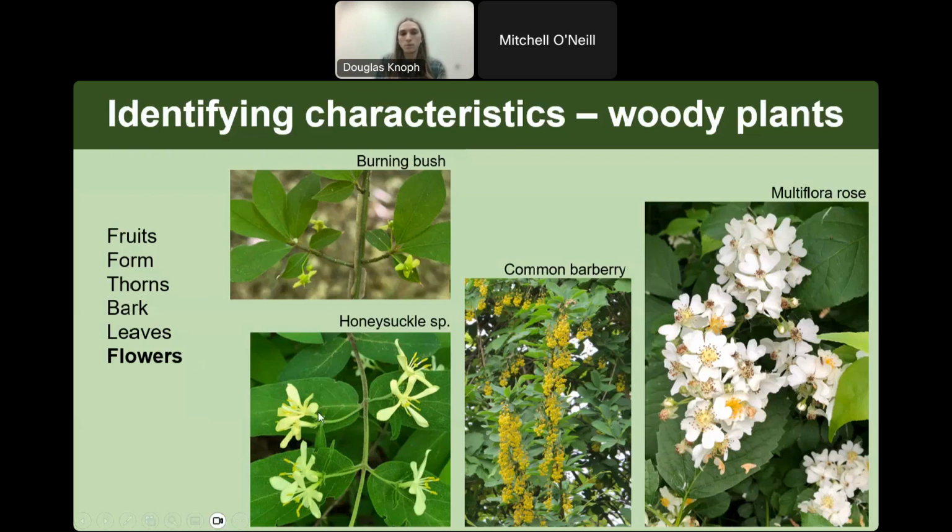There's 2 flowers per stem. They're kind of fused at the base there. The color, the overall shape and form of it, all of these things can be used for identifying the species and separating them from other ones. So one of the best features is going to be flowers if you're able to time your surveys to when they are in flower.